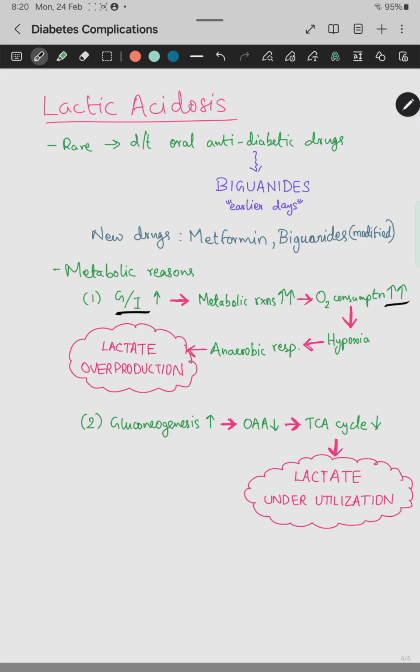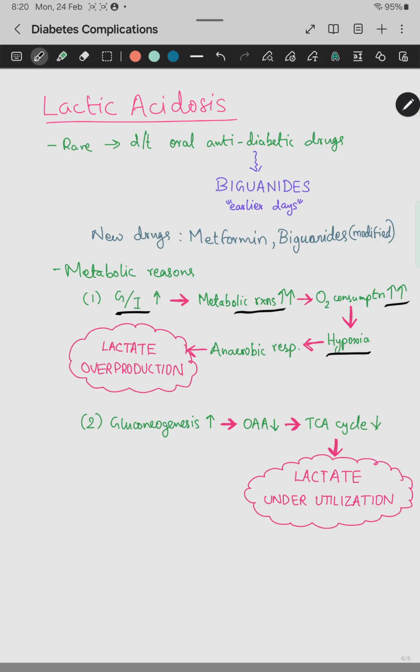As oxygen is highly consumed, it causes hypoxia, and due to the hypoxia, the cells go into anaerobic respiration, and the product of anaerobic respiration is lactic acid, and lactate is produced in large amounts and it gets accumulated, and that causes lactic acidosis. So once again, the glucagon insulin ratio increases.